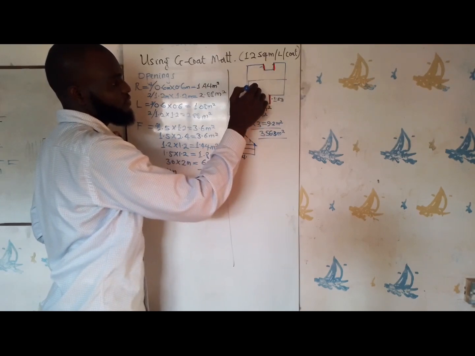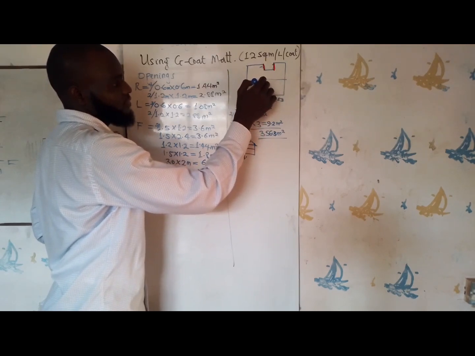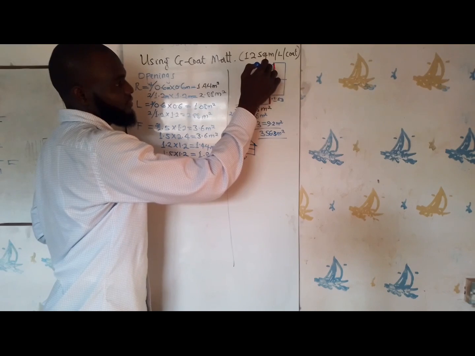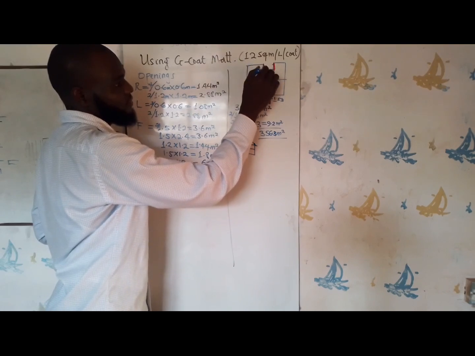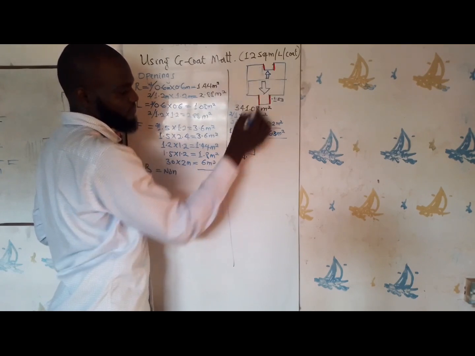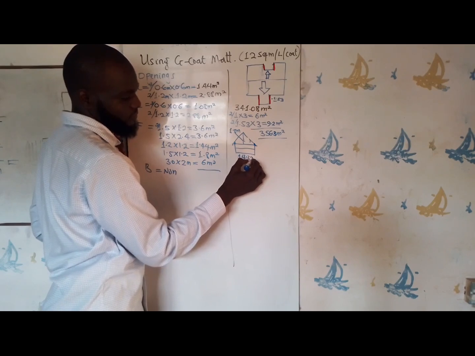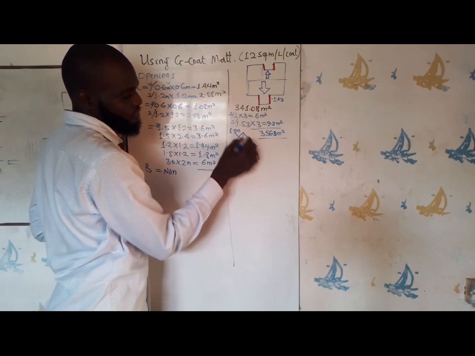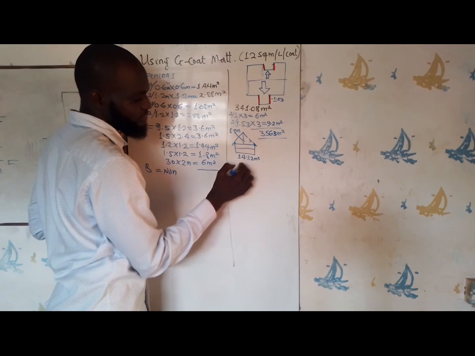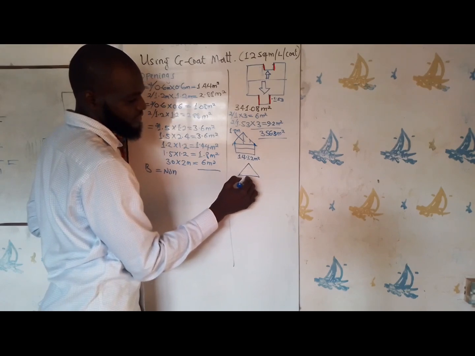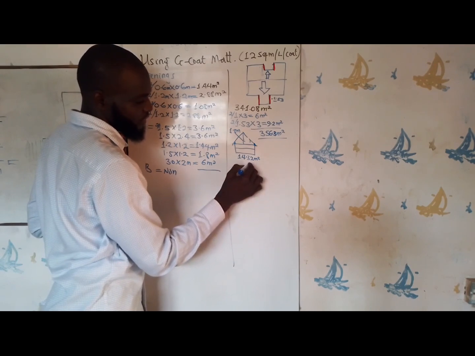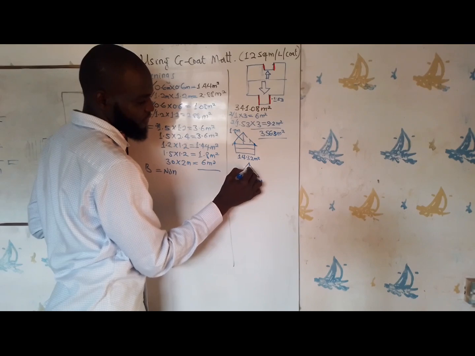So the roof is sloping this way, that way. So now we need the area of this triangle. This is 14.32, and we have this as 1.8.